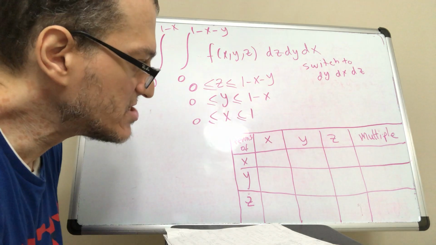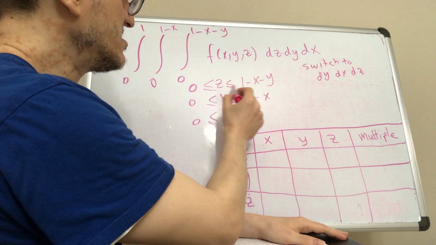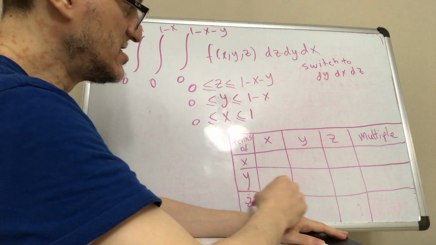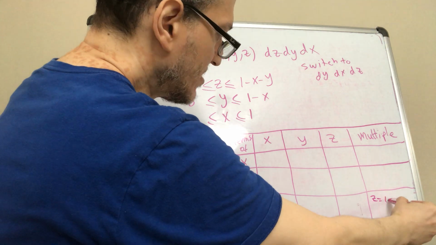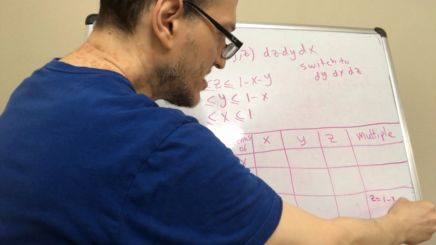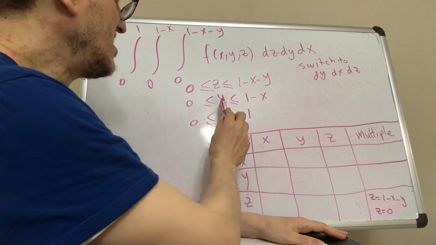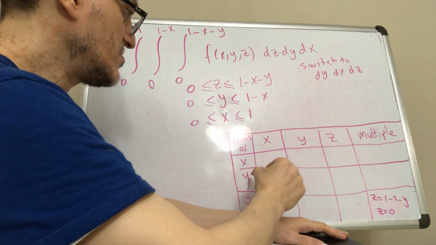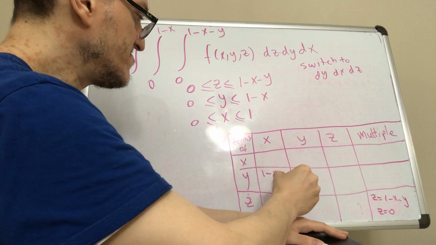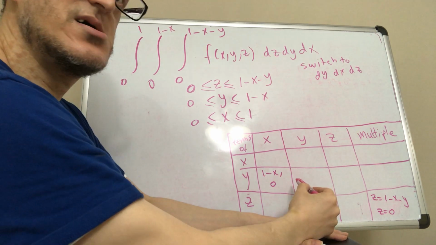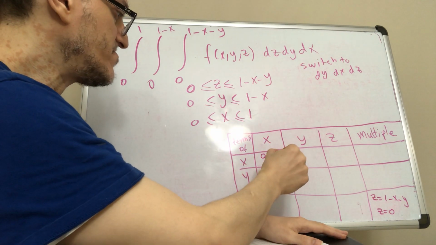Okay, in order to switch, let's see what we have. We have z in terms of multiples: 1 minus x minus y and 0. I have y in terms of x: 1 minus x and 0. And I have x numbers, and that's 0 and 1.